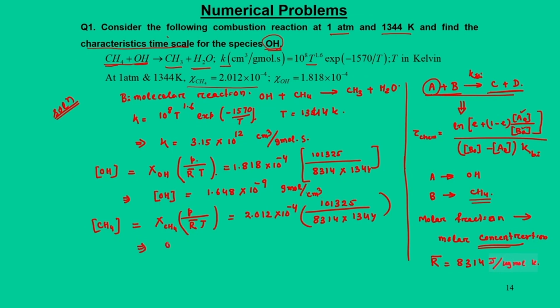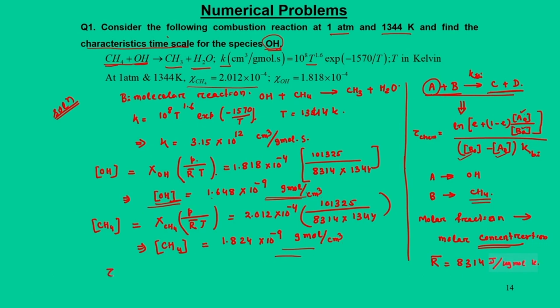So it will give the CH4 concentration as 1.824 into 10 to the power minus 9 gram mole per centimeter cube. Then we have B0, A0 and all these terms.